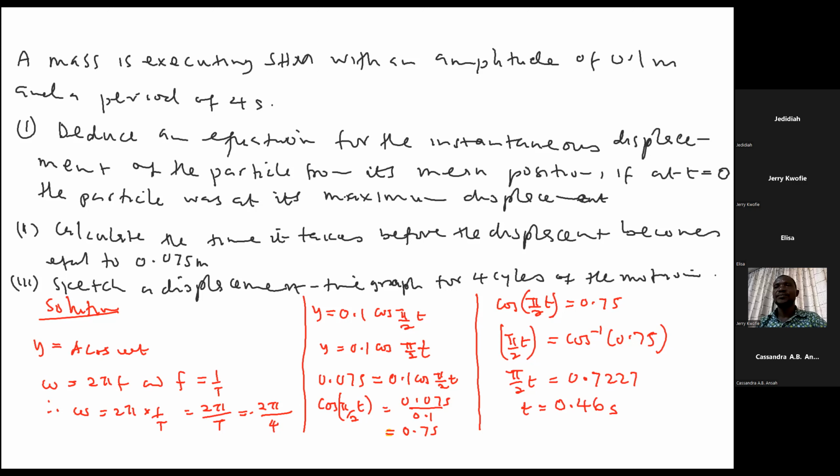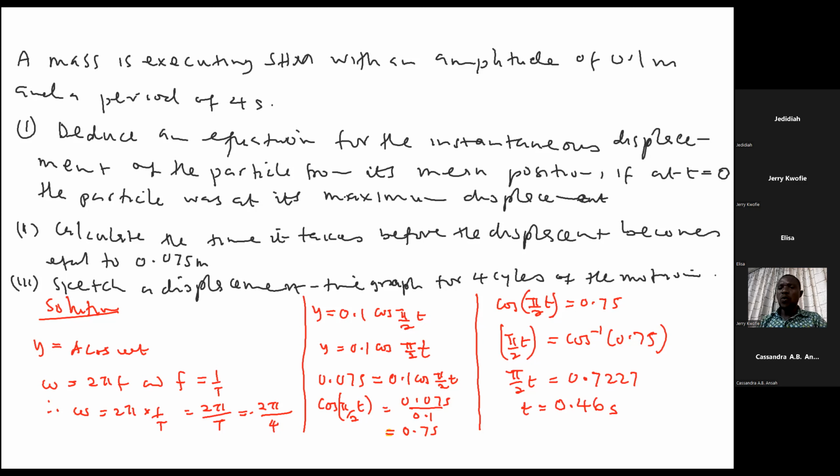Yes, Jedediah. So you see, when you go to the 0 point, the middle part, 0.075 is equal to 0.1 cos pi over 2t. Yes. Now why didn't you just do 0.1 cos pi over 2, then you get the numerical value?